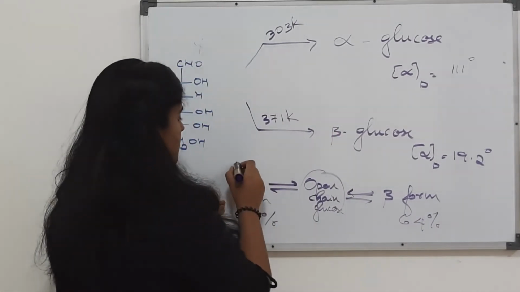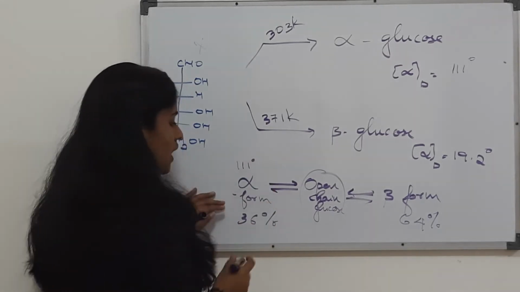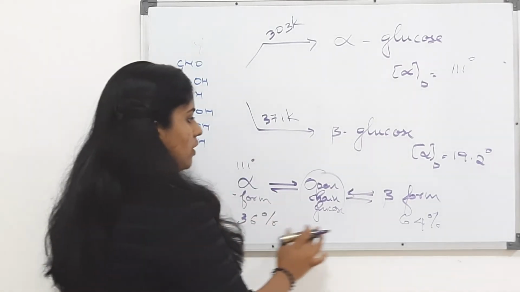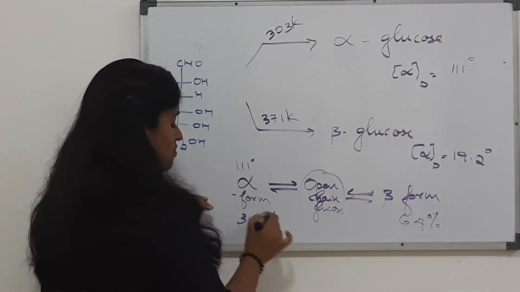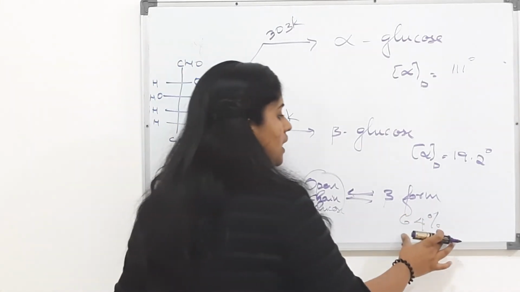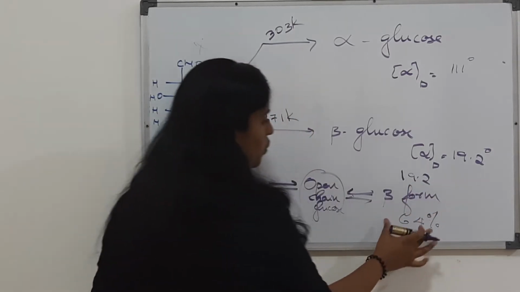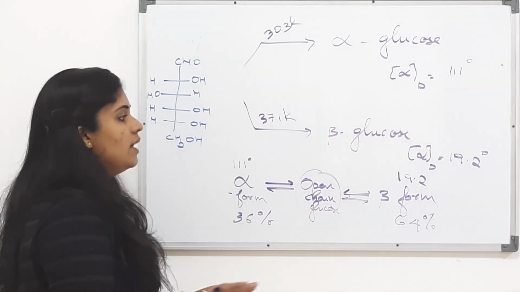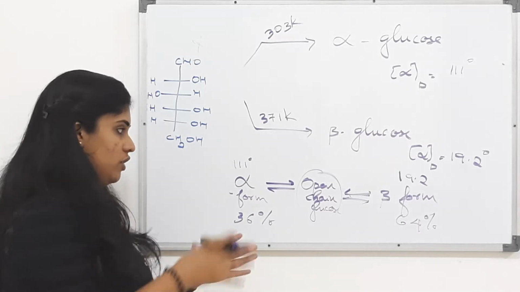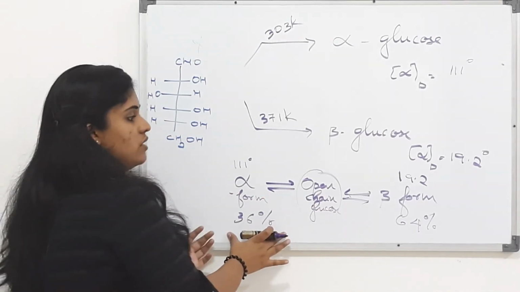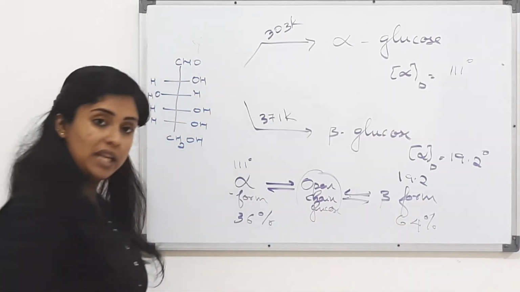Alpha, which has a specific rotation of 111 degrees, would slowly get converted to the beta form and be 36%, and beta, which has a specific rotation of 19.2, also gets converted, and an equilibrium of the two would be formed with 36% of alpha and 64% of beta.